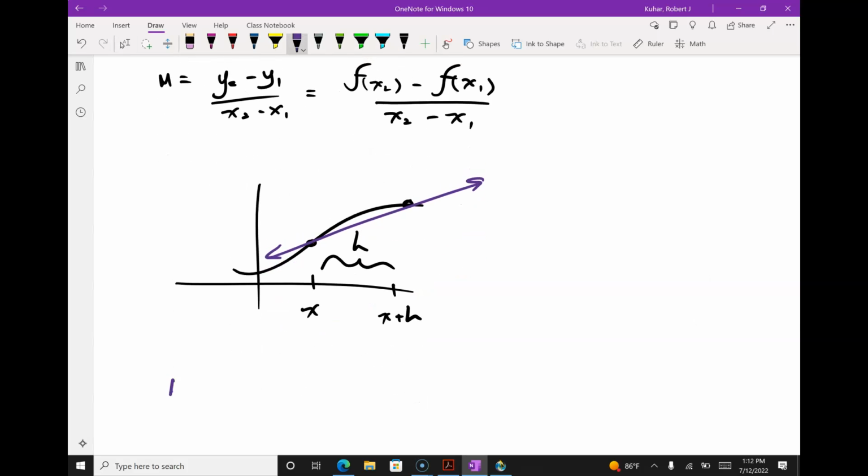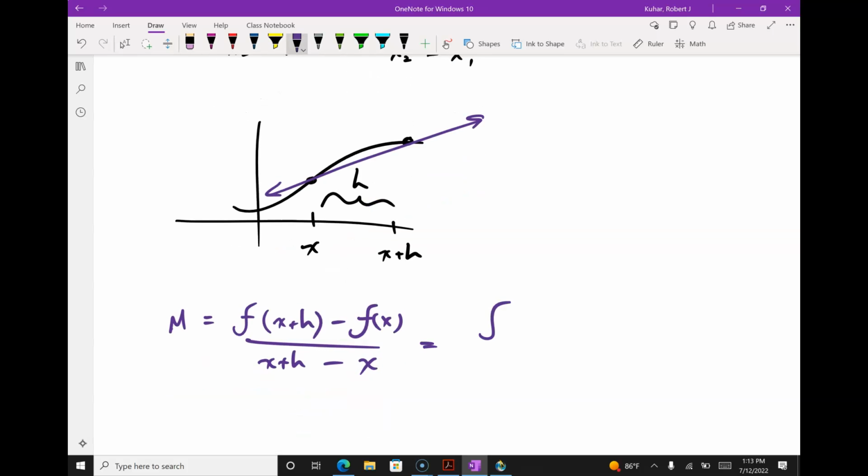Yes, you with me? Good. Give me my new version of slope. f of what? Nice. Beautiful. All divided by? Nice.